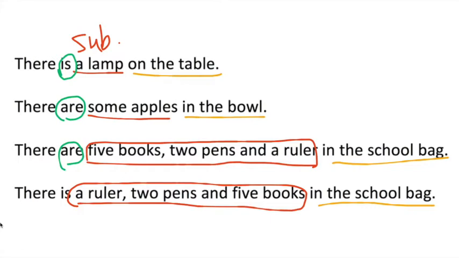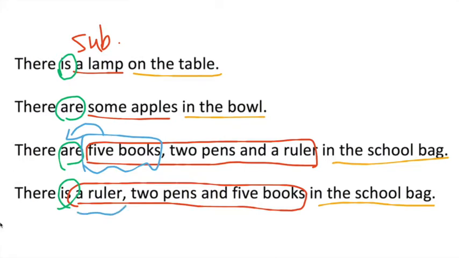But what is the difference is it uses is as the be verb, not are, because now the only difference is here. The 5 books determine whether we use is or are. So because it's 5 books, it's plural form, we use are.